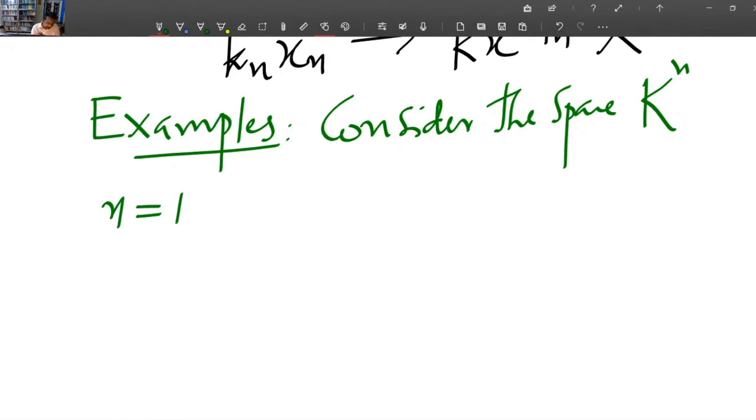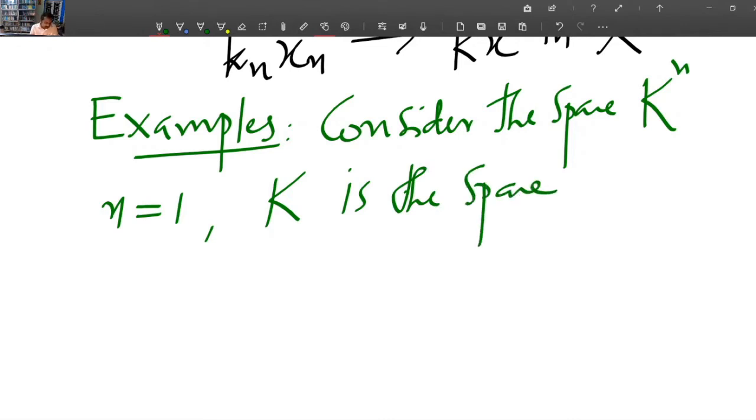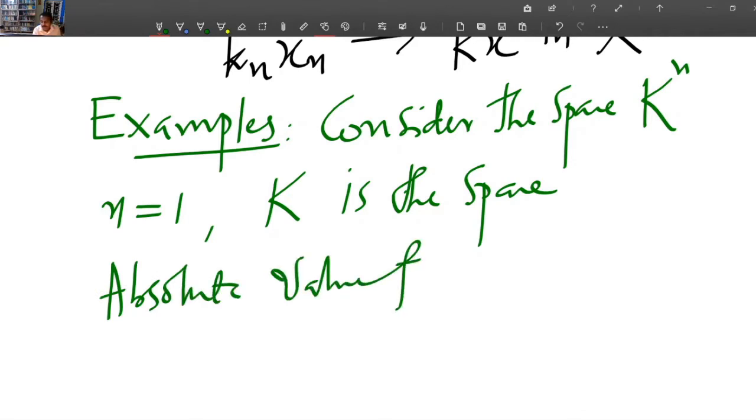Then the corresponding space is K itself. K is R or C, and the absolute value function is a norm on K.